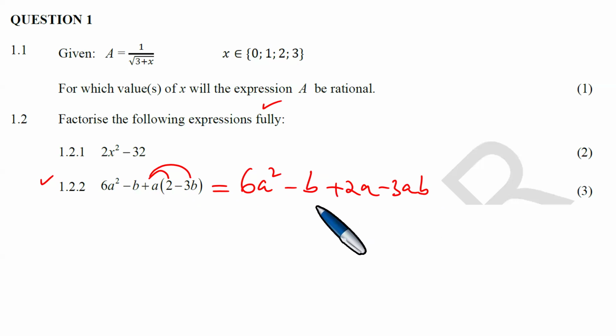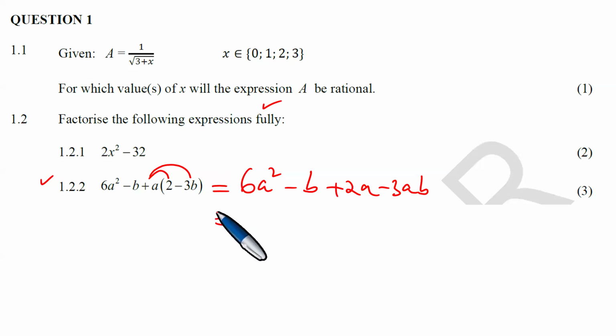Then what do we do next? And then we collect the like terms. Right? Okay, we collect the like terms. Then if we collect the like terms, what do we get here? What is the next thing here? 6a squared minus 3ab.